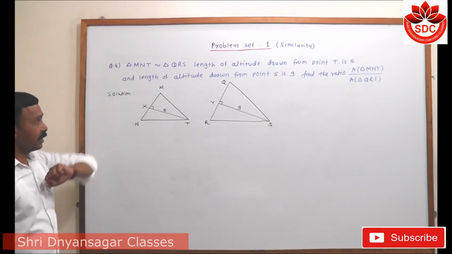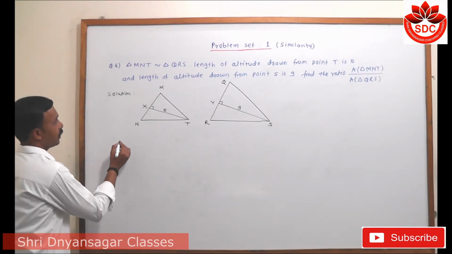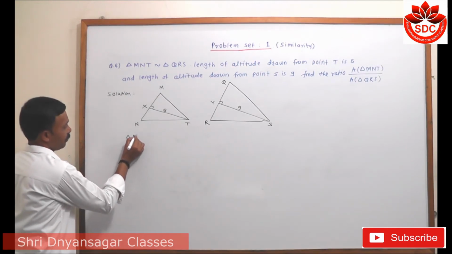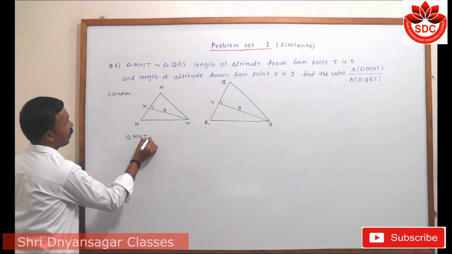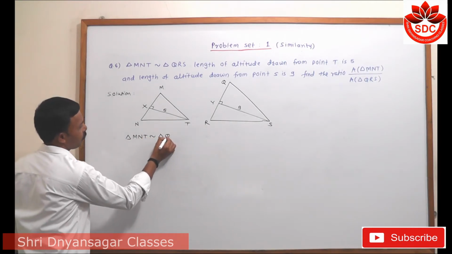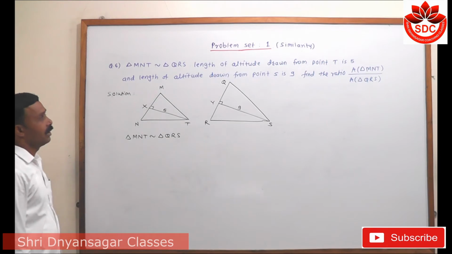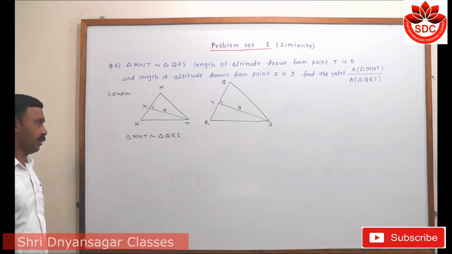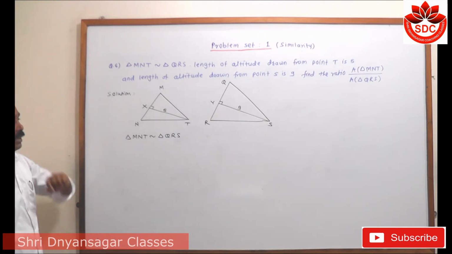Now these two triangles are similar. So take the first point: triangle MNT is similar with triangle QRS. Then their corresponding angles are congruent.